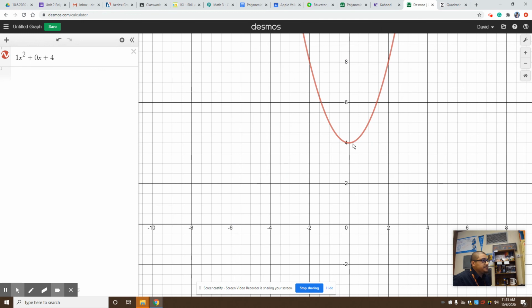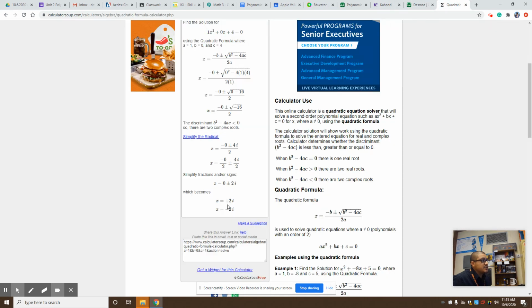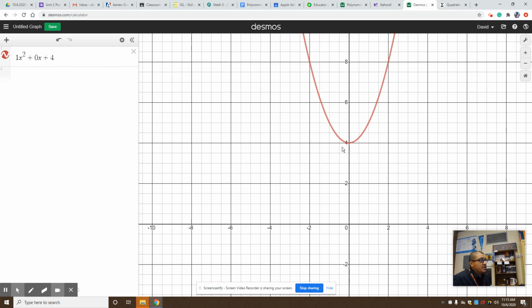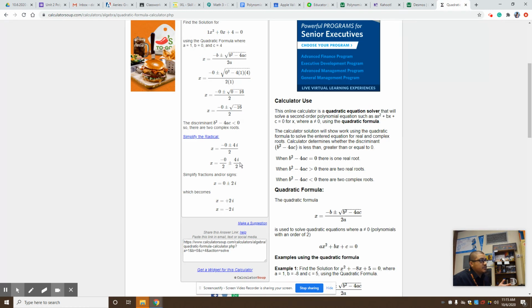And look at this. Even though this parabola does not have any x-intercepts, there's technically still two imaginary roots based on this quadratic. And so when you think of x-intercepts and roots, now there's a difference between real roots, or actual x-intercepts, and imaginary roots, which are no x-intercepts, but you still get these roots from the quadratic formula.